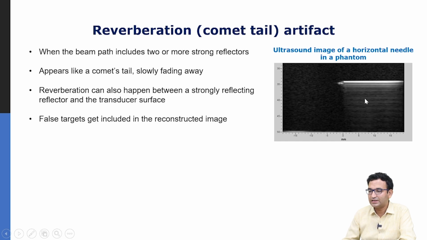So, this is very interesting because now the beam path actually includes two strong reflectors, one being the transducer surface itself and the other being the needle, and this fading artifact which looks like a comet tail is appearing here. Now, it turns out that because of this sometimes you can confuse this as some other target which is undesirable.